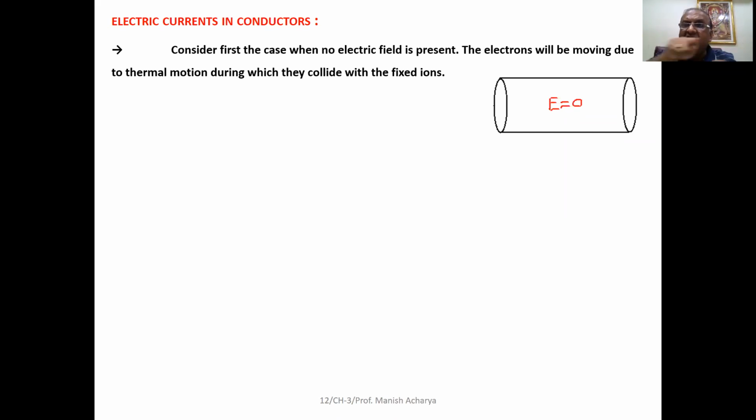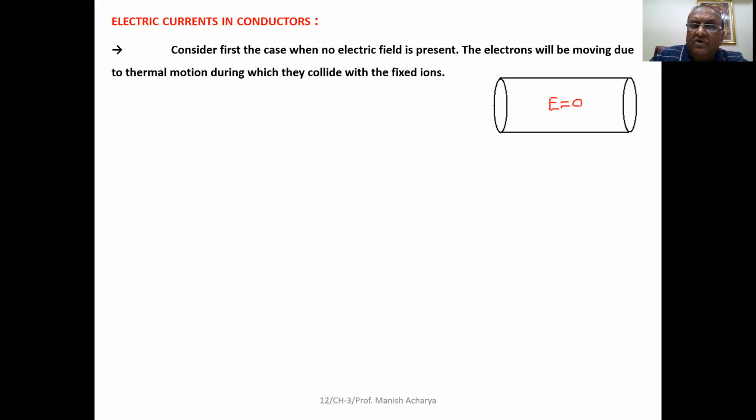So when we calculate the net amount of charge flowing through the cross section, it will come to zero. So the current will not be constituted.